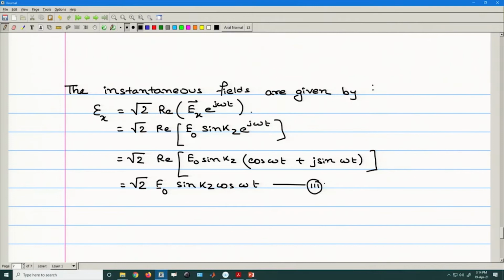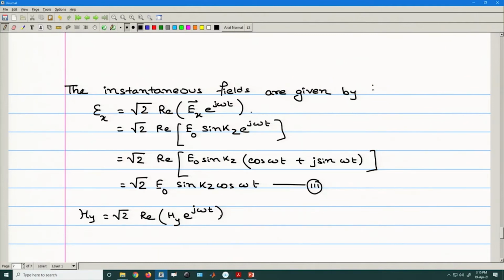Similarly, we will find the instantaneous H field, that is Hy is given by root 2 real part of Hy e to the power of j omega t. Again substituting for Hy, we got Hy as j E naught by eta cos of kz.